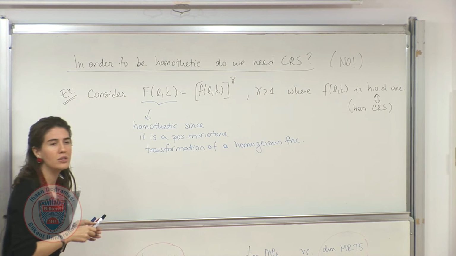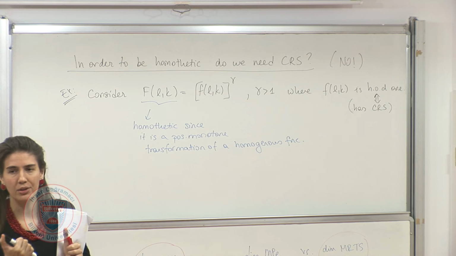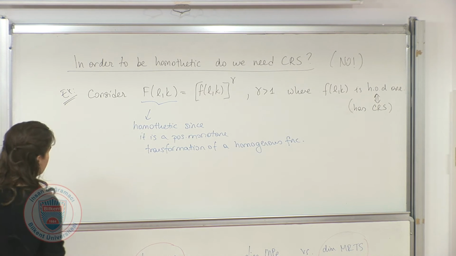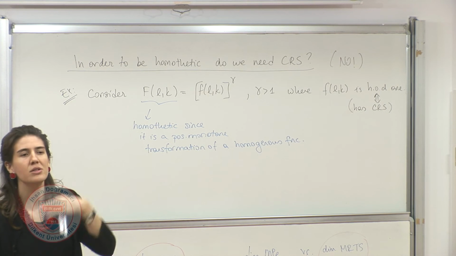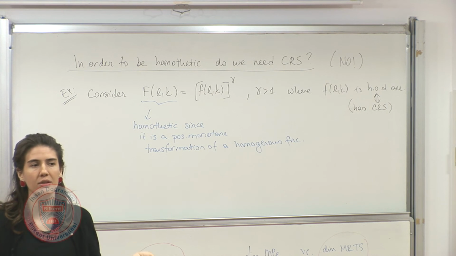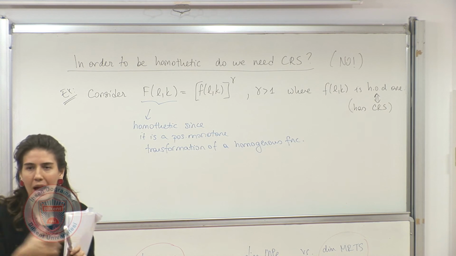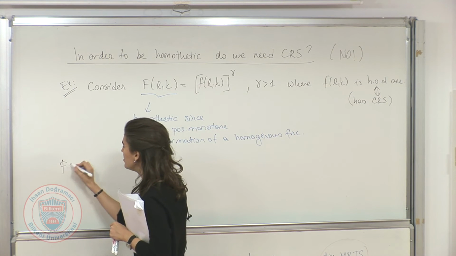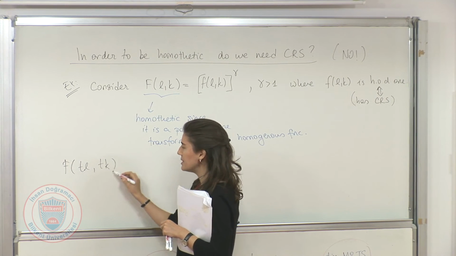Let's see, in order to see the returns to scale, what should I do? Remember, I erased it, but in order to figure out whether it has constant, increasing, or decreasing returns to scale, remember what we do? You multiply by a positive constant t. So I need to look at t times L, t times K, right?